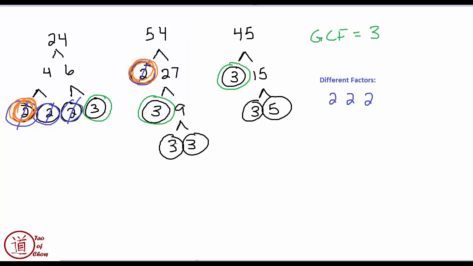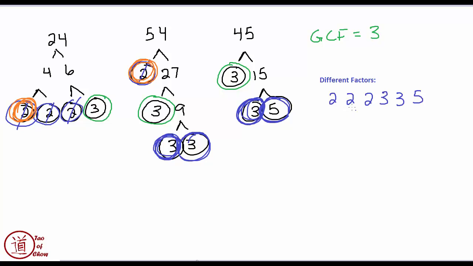We have a 3. This 3 is the same as this 3, so I only count it one time. This 3 also needs to be counted, but it can't be crossed off with any other 3's because it's all alone. And this 5 is all by itself as well. I don't count any of the other 3's that were in green because they were already counted in the GCF. Those are the similar ones.